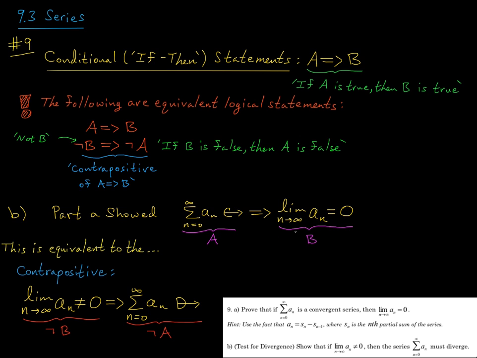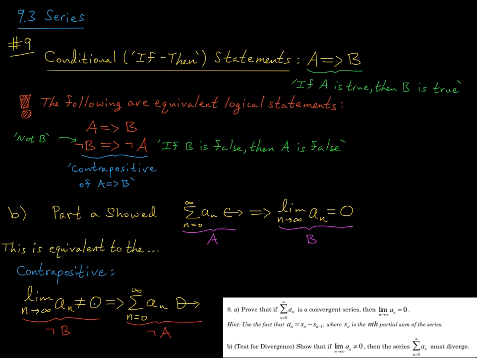Well, not B, what's the negation of this? It'd be that the limit of a sub n is not 0, meaning a sub n could converge to some non-zero number, or maybe this limit doesn't even exist. But what we're saying there is that the limit of a sub n is just not 0. That then must imply not A. What's the negation of the series converging? It'd be that the series diverges.